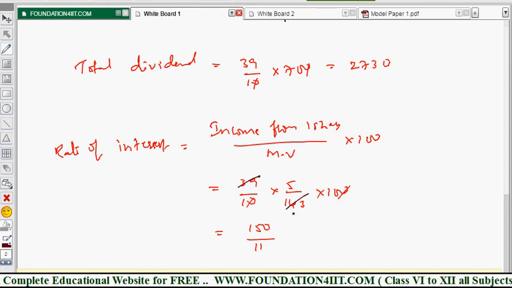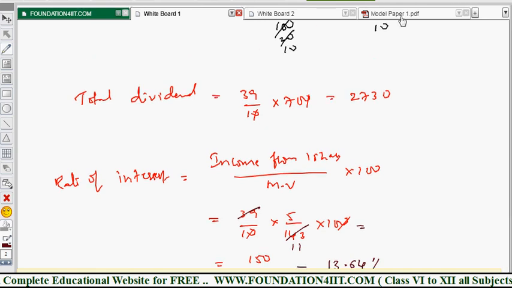Then that is approximately 13.64%. I am showing each calculation and giving direct answers, you can verify that. So the rate of interest is 13.64.